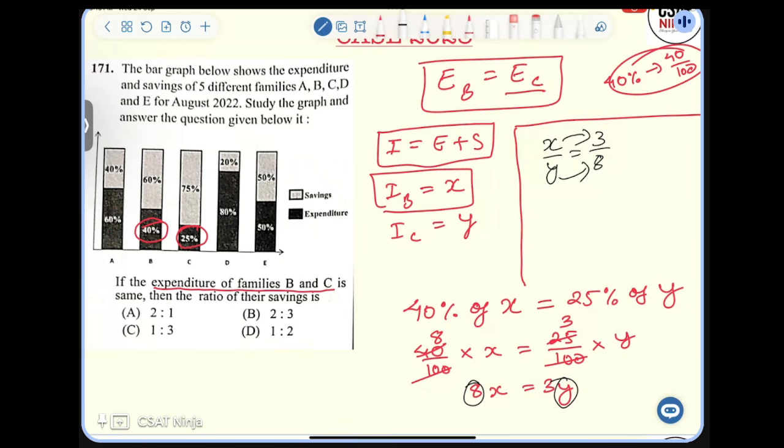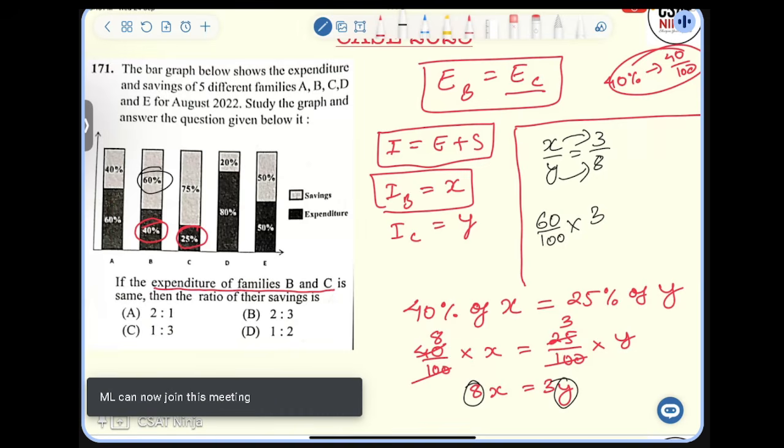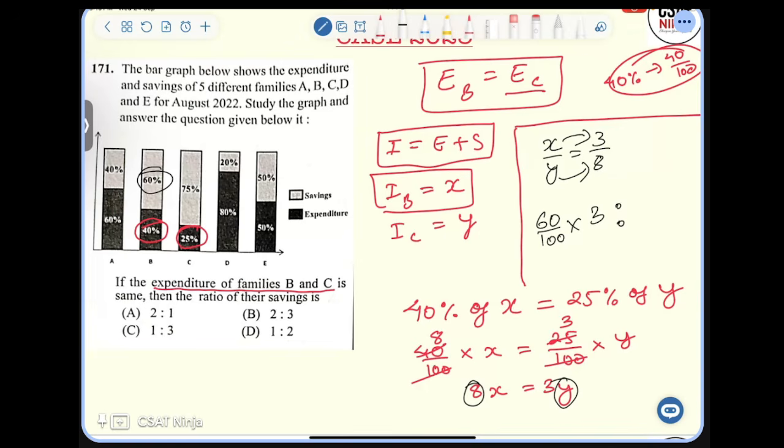So what is the ratio of the saving? B is saving 60% of how much? Of 3. We need to find the ratio, so I'll just write it like this. B's saving is 60% of 3 and C's saving is how much? 75% of 8.